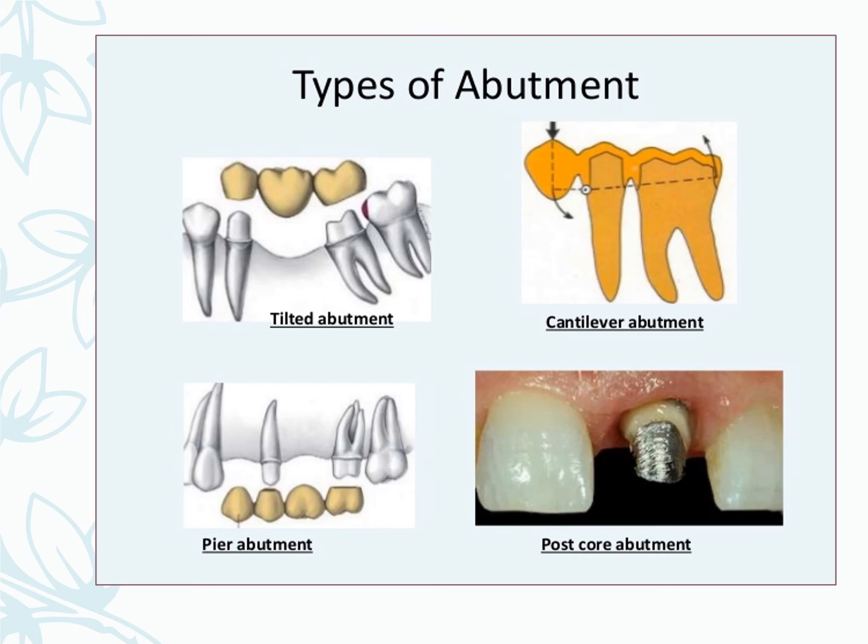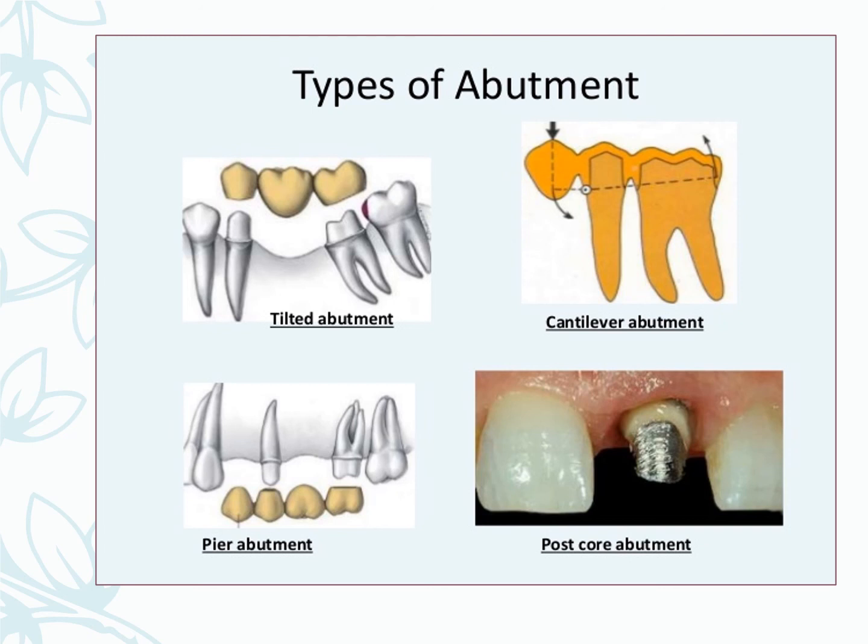So we need to ensure that this weakened structure is restored to a solid structure so that it can hold the crown. That is when we do the post and core.